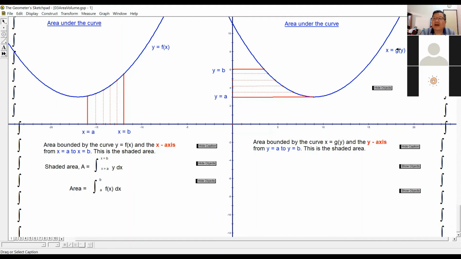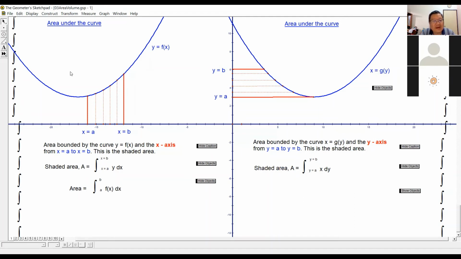Then the area between the curve x equals g(y) and the y-axis, from y equals a to y equals b, is the area that we are going to find. Now how does the formula look? The shaded area here is the integral from a to b of x dy.